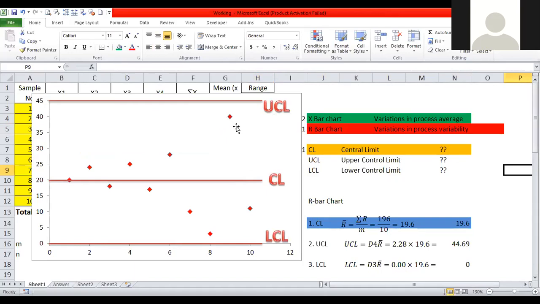If some points are above the line, you have to stop the process, find out the reasons, remove those reasons, then start the process. But in our example, the R bar chart has no problem. All the points are within the limit. Therefore, now we are going to check the X bar chart.